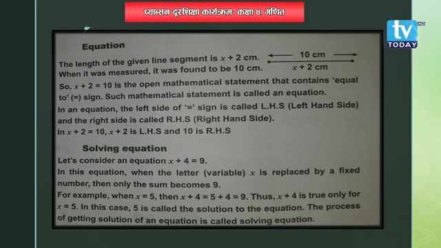Do you understand? If the value of x equals 4, then 4 plus 4 will be 8. There will be no 9. So it doesn't match 8 and 9, right? That means 8 and 9 will not match with each other. That means it's not a true statement.